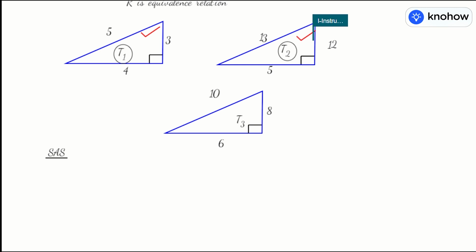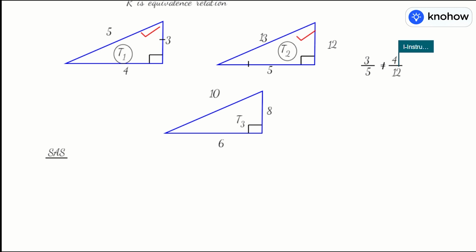Let me take the smaller side to smaller side, so this 3 and 5. So the ratio of smaller to smaller is 3 by 5 and the other one is 4 by 12. Obviously, 3 by 5 is not equal to 4 by 12. So the angles are equal, but the sides containing the angle are not proportional. So T1 is not similar to T2.